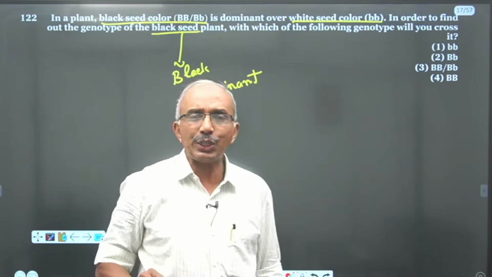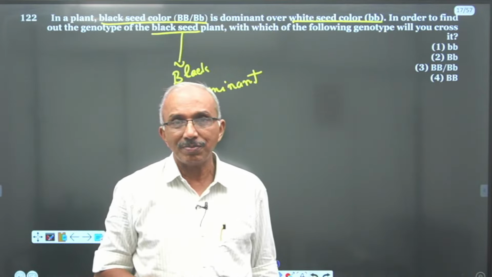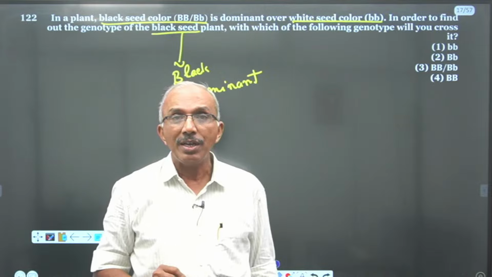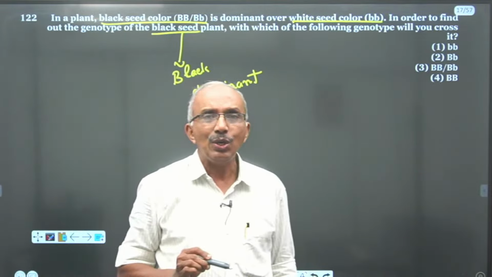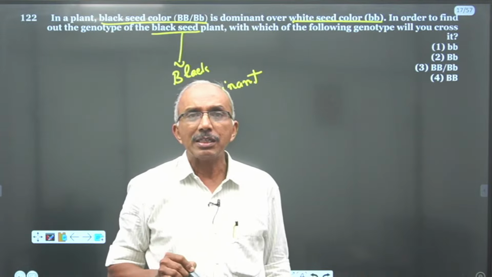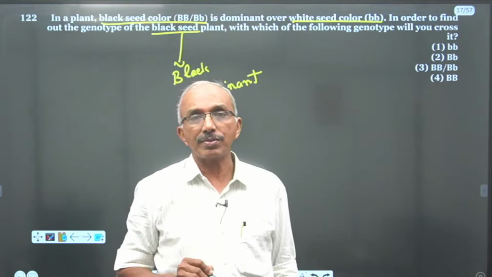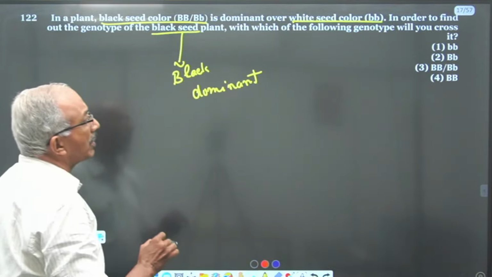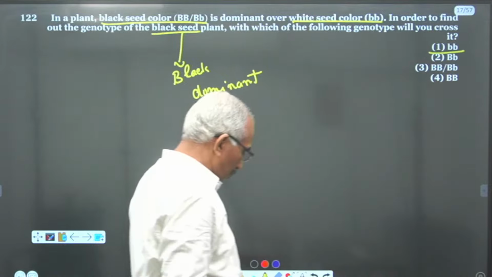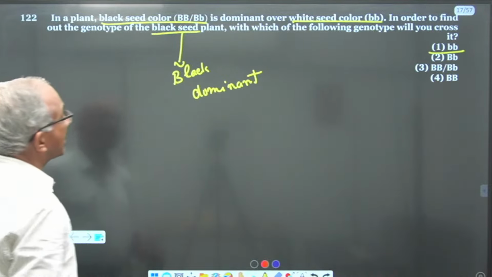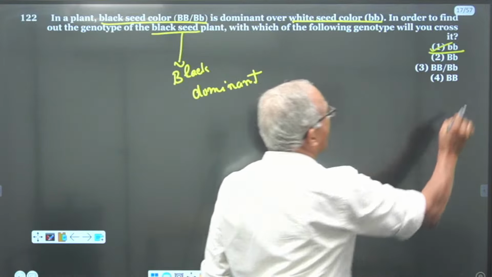To know its genotype, to which plant should it be crossed? That means a plant having a dominant character, to know the genotype, should be subjected to a test cross. So what is a test cross? A test cross is the crossing of the dominant phenotype with the recessive parent. So the answer is option 1.